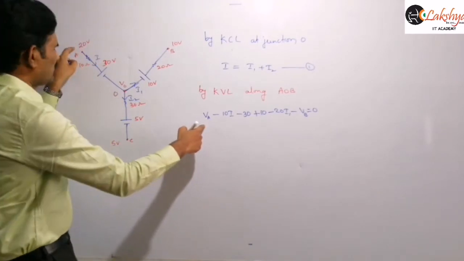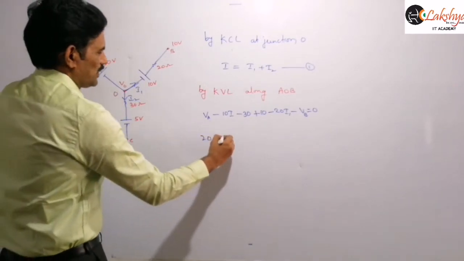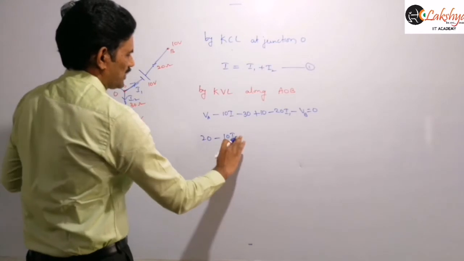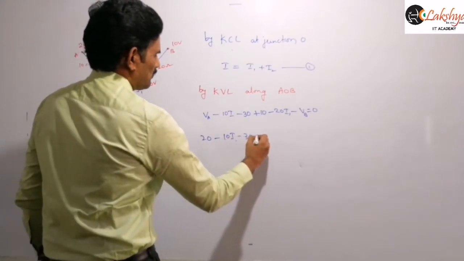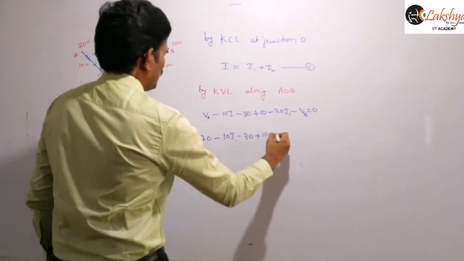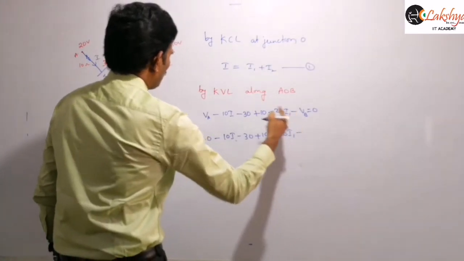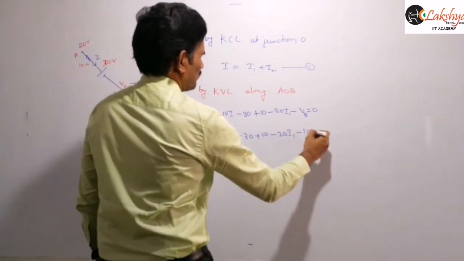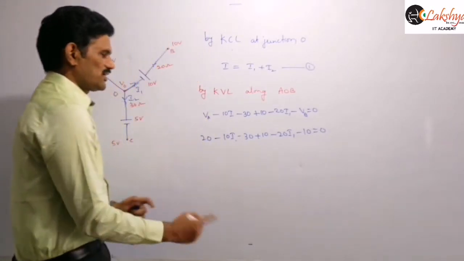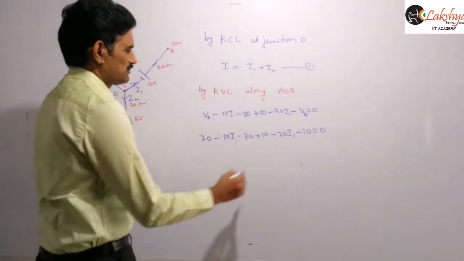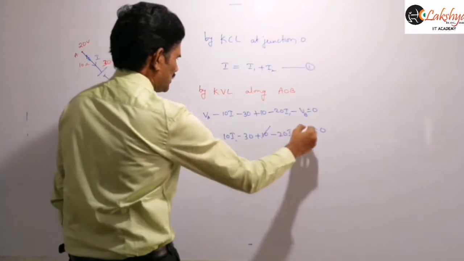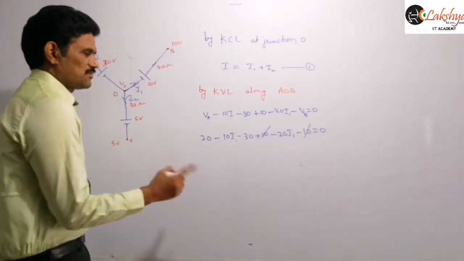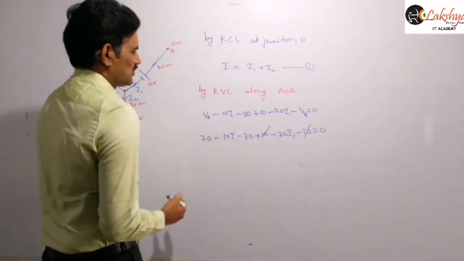This V naught, VA value is given as 20 minus 10I, minus 30I plus 10 minus 20 I1, then VB value we can take as minus 10 is equal to 0. So now let us simplify this equation. Here minus 10 and plus 10 you can cancel, and here minus 10 you will get.